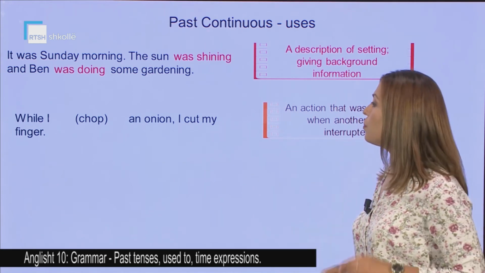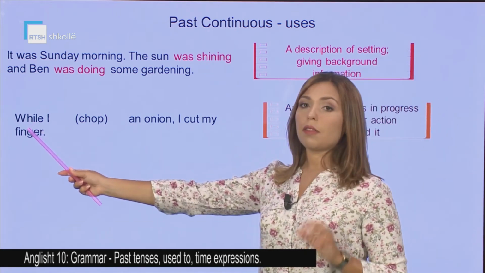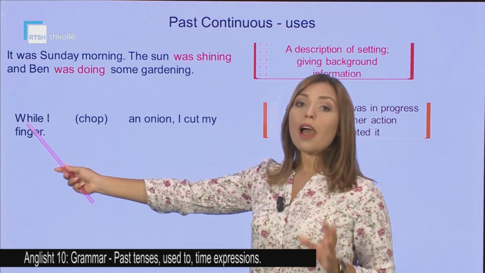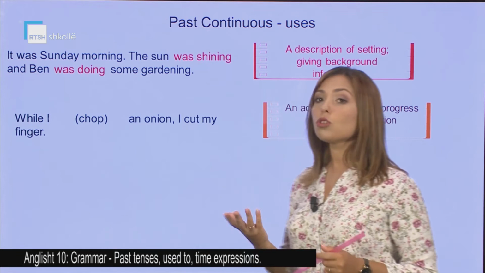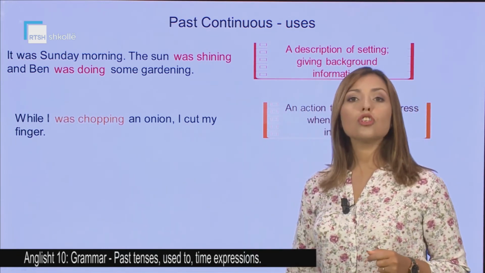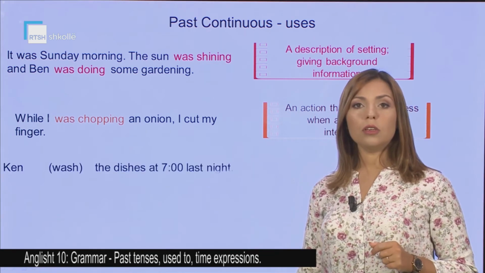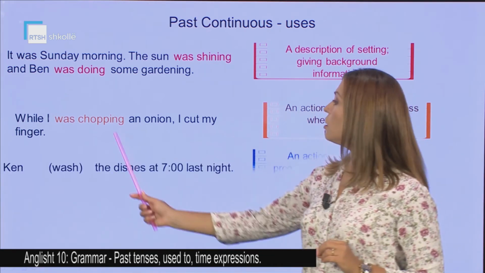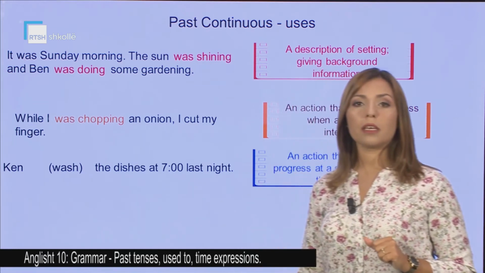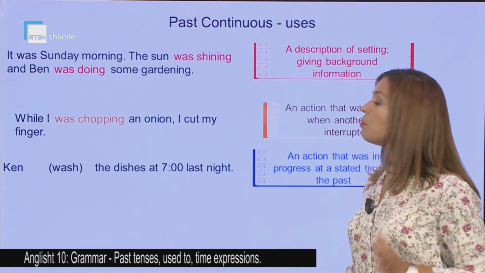Another use. While, the time expression that we use with past continuous. While I was doing what? While I was chopping an onion, so it was chop, double P, chopping. While I was chopping an onion, I cut my finger.